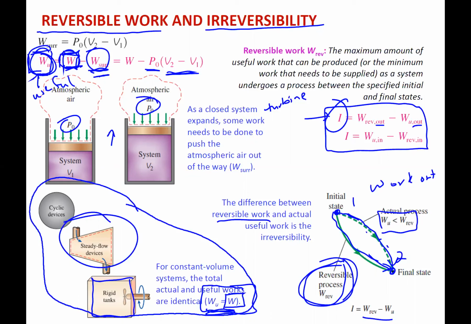If you're putting work in, so you'd have maybe a compressor or a pump, then the reversible one is going to be less, right? What you're going to actually put in, and the useful one is going to be more, and your wasted work potential is the difference. Okay.